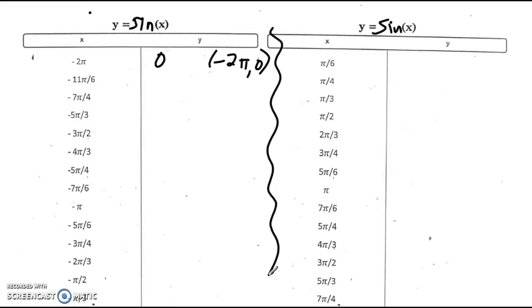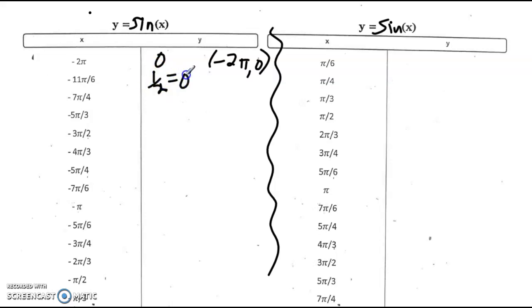So now you go to a negative 11 pi over 6. So that's the same as a positive pi over 6, right? Let's go in the opposite direction. So what's the y-coordinate at pi over 6? 1/2, right? Because we're going to be graphing that, we can change it to a decimal.